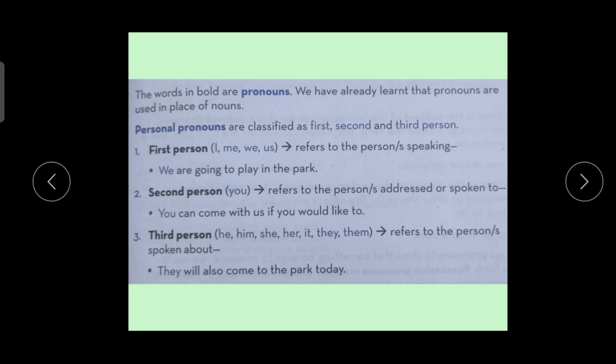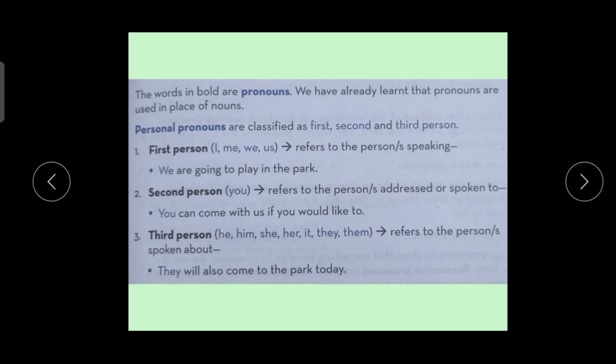Now, what does first person consist of? First person pronouns consist of I, me, we, us. They refer to the persons speaking.